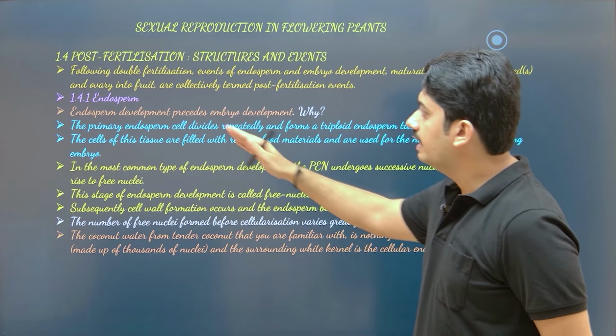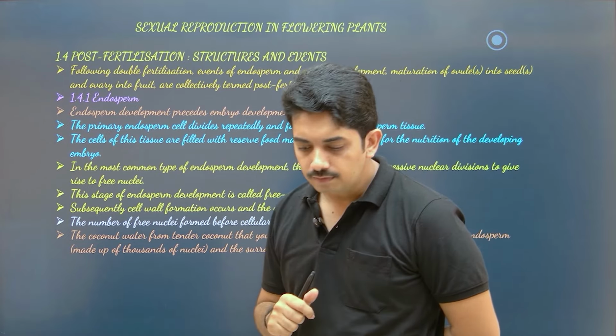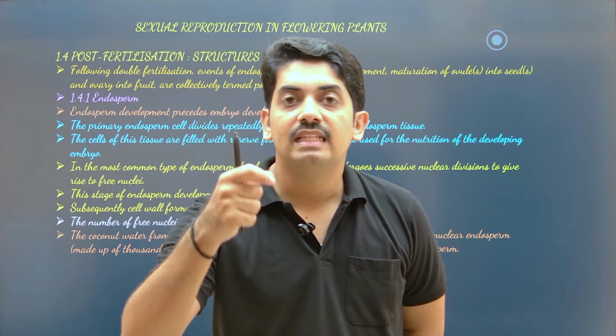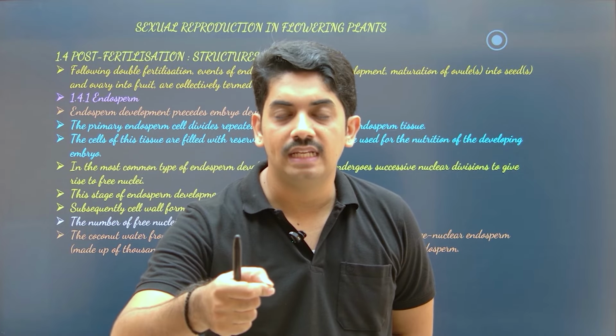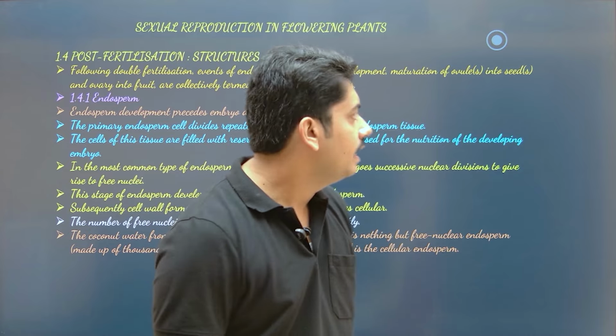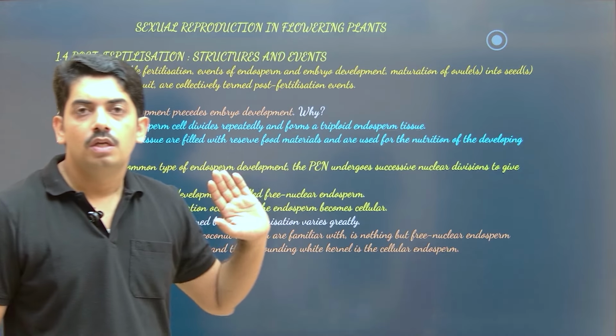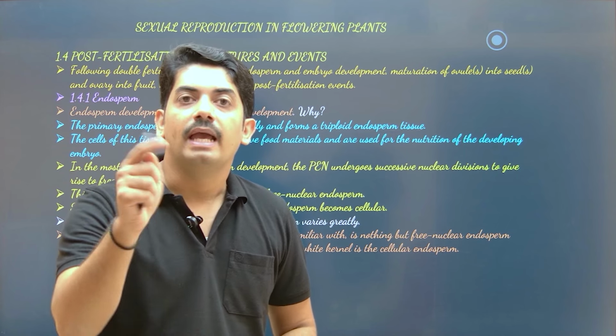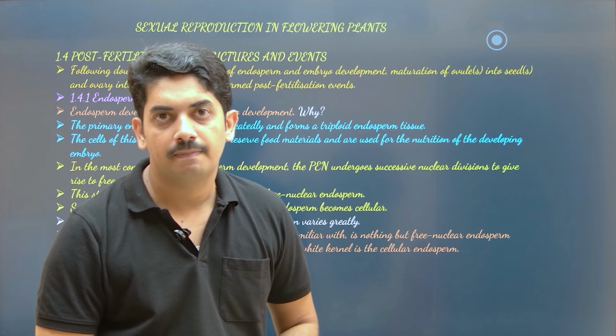The first one is endosperm. Just now I said, what is endosperm actually? When the primary endosperm nucleus undergoes fertilization with the help of a male gamete, endosperm is formed. Now tell me whether endosperm is formed first or embryo development takes place first.